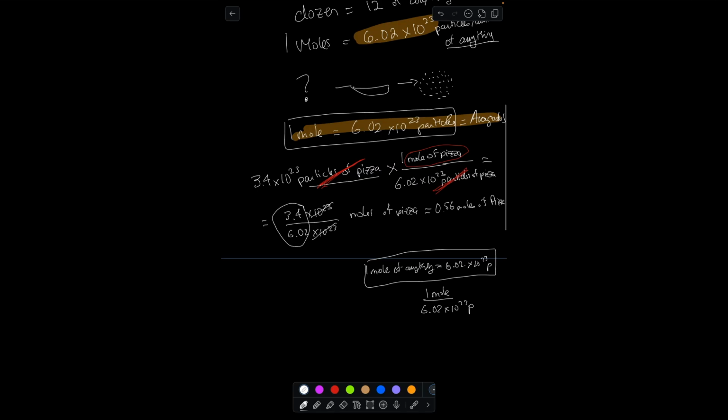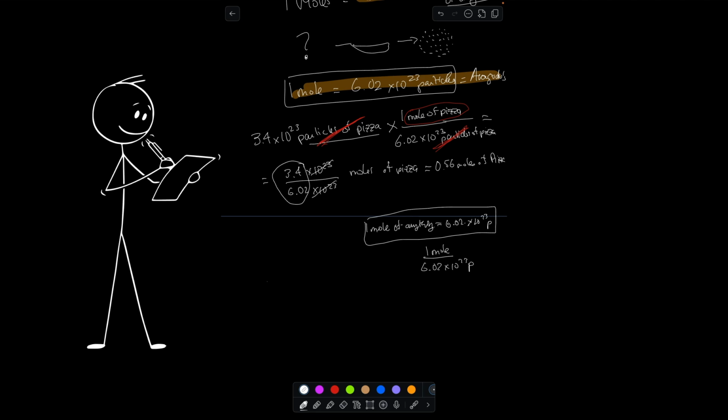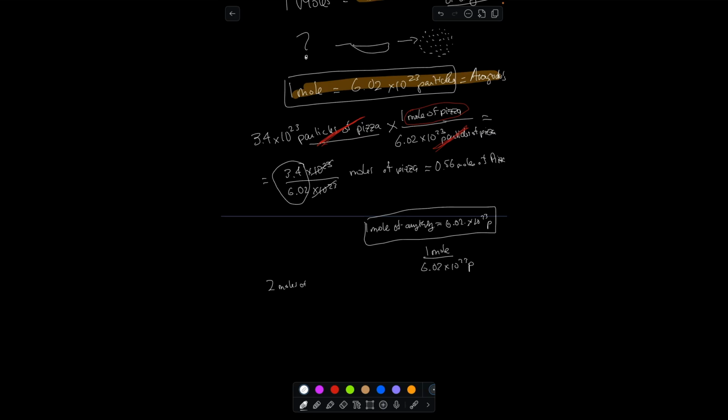So now I'll give you an example. Imagine that I have 2 moles of oxygen. And I want to turn that to particles, right? I want to turn that into particles of oxygen.